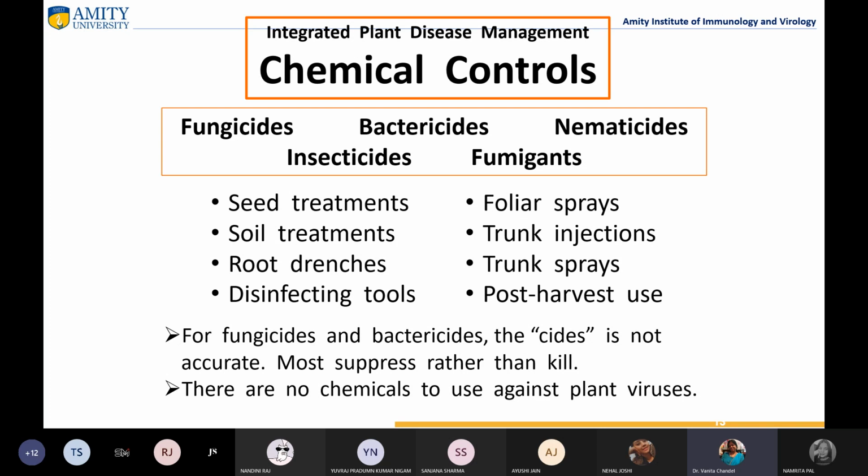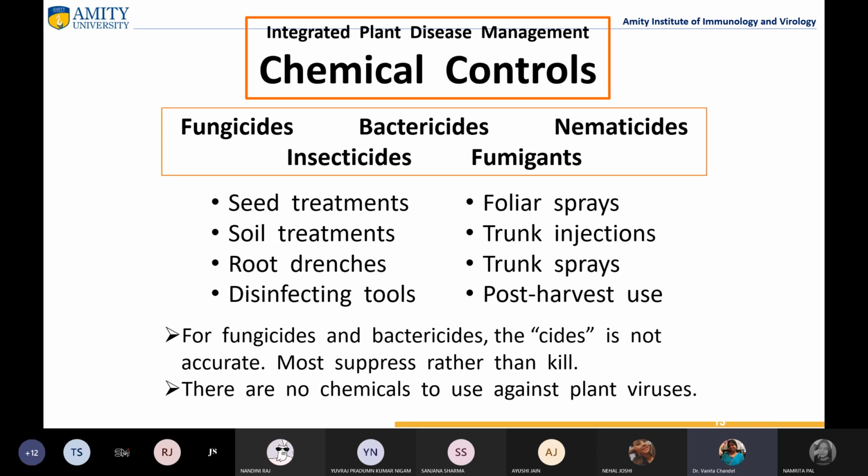So we can go for seed treatment, soil treatment, root drenches, and we can disinfect the roots. Seed treatments are done before the seed is grown in the field. If the seed is carrying any pathogen, we can treat the seed with certain chemicals or just a hot water treatment, and that will kill the pathogen.